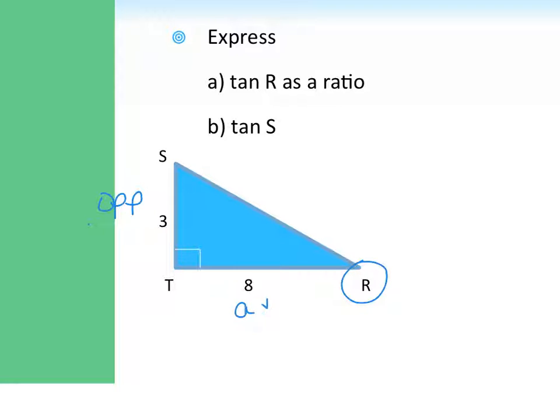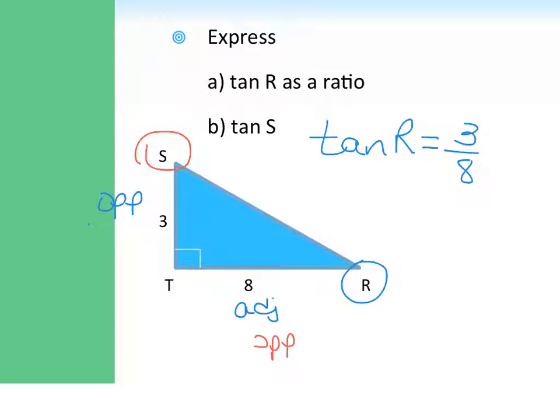The 8. So now in my tan ratio, I'm going to write tan of R is equal to 3/8. Now when I talk about the angle S, what side is opposite S? The 8. And then the adjacent would be 3.